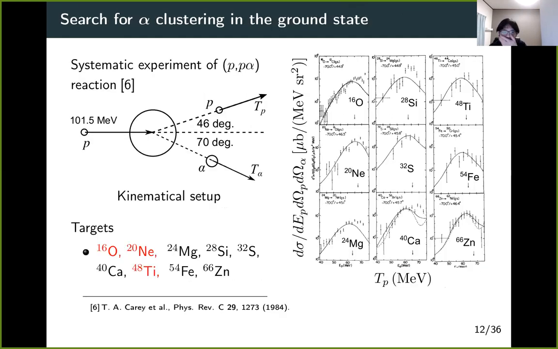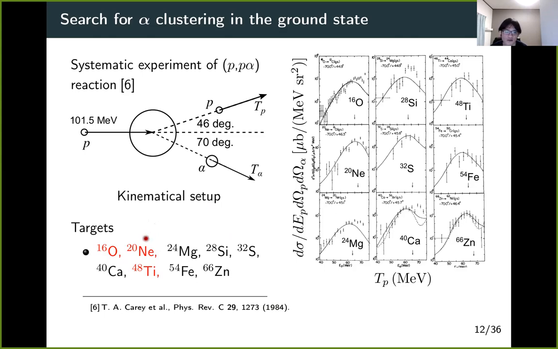What I'm going to discuss here today is the p-p-alpha reaction from these three nuclei: oxygen 16, neon 20, and titanium 48. Actually, a systematic experiment was done rather early, in 1984, by Carey et al.